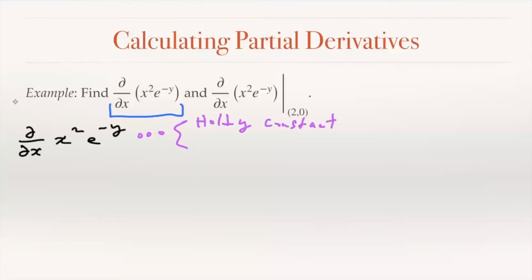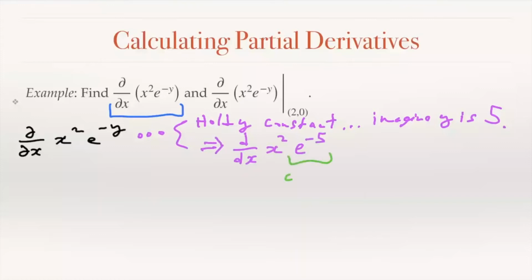And that means that if it helps you think about it, you can imagine that y is the number 5. So if it were the number 5, then it would be d/dx of x squared times e to the negative 5. And then this whole guy is constant.